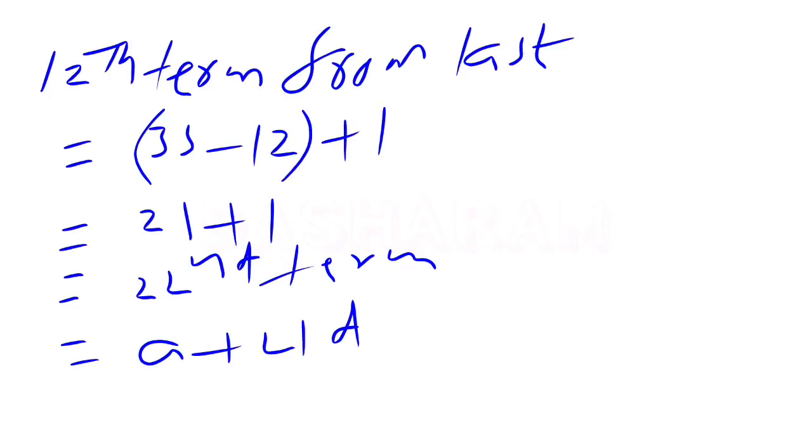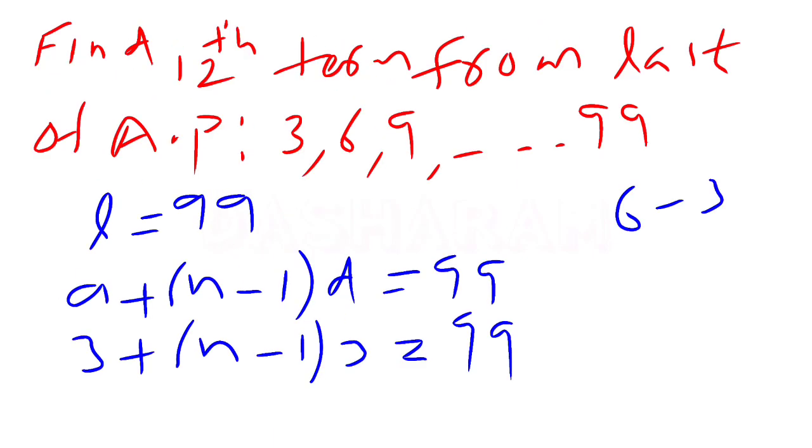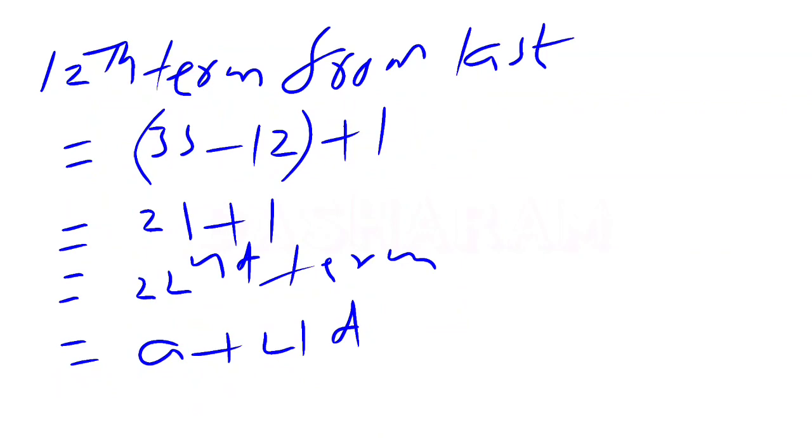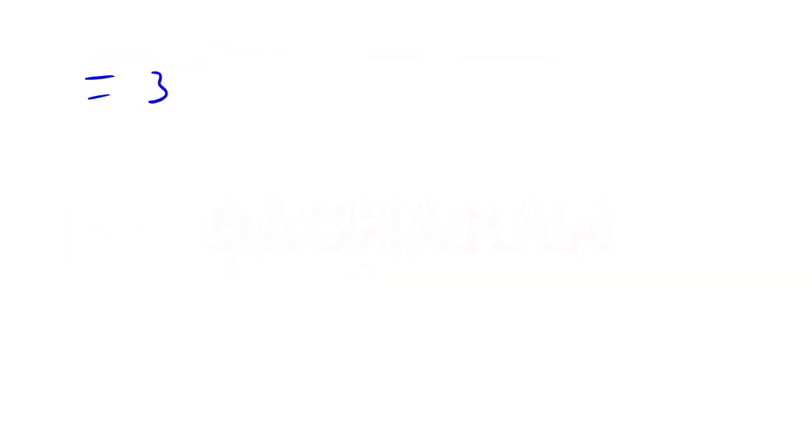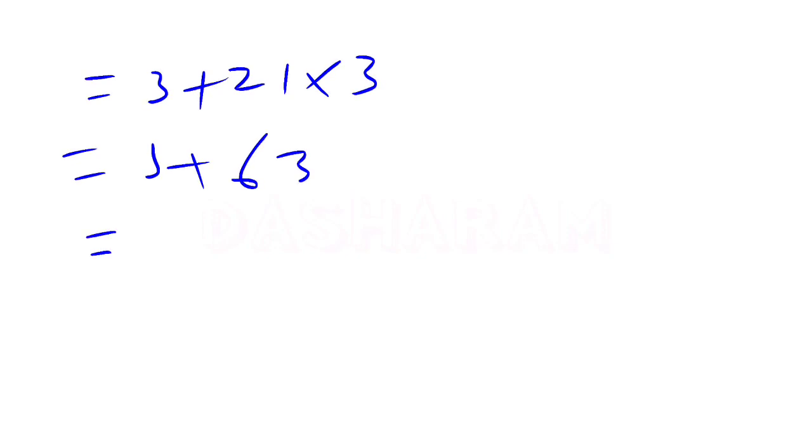So here, what is the a value? The a value is 3 and the d value is 3. So 3 plus 21 into 3. First you complete the multiplication: 3 ones are 3, 3 twos are 6, so 63. So the 12th term from the last is 66.